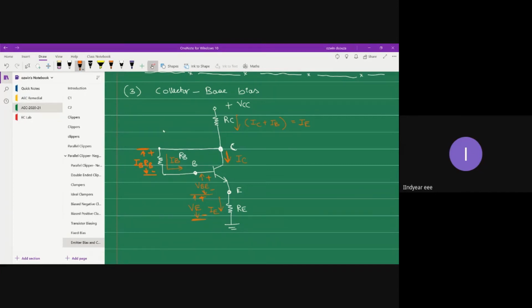And across RC, that is from the power supply terminal till here, the potential is RC into IC plus IB. So on the output side also, let us mark the terminal voltages. This is your VCE, plus and minus.